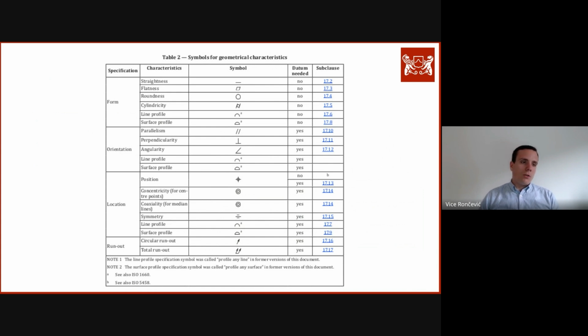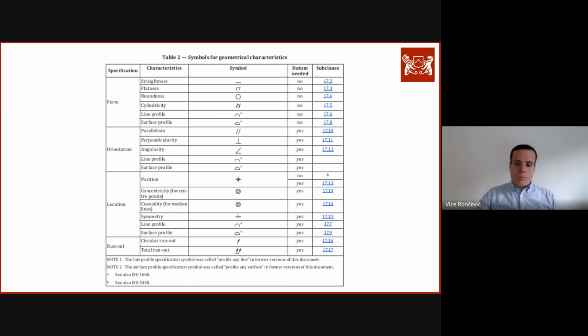There are definitely many of those, and I believe many of our viewers are already quite familiar with this. But what essentially these symbols mean is they are describing some kind of relationship between the ideal specification and what we actually want to measure. And I will take only two of these as an example.